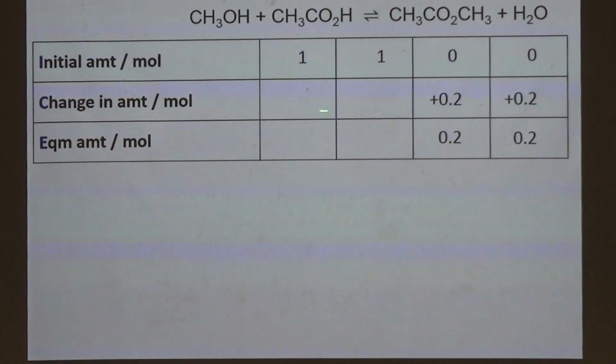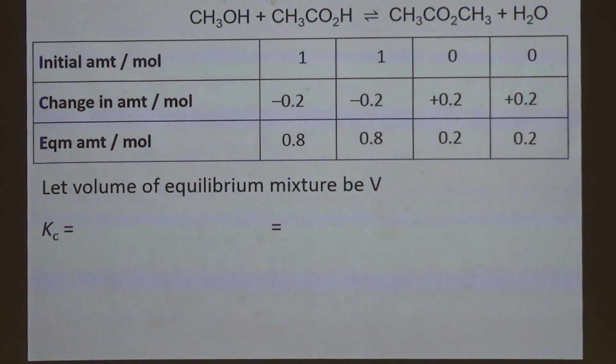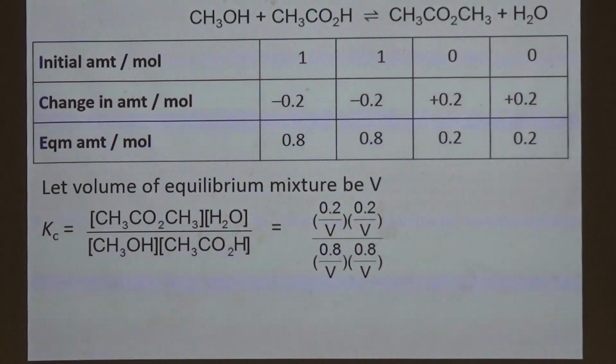The change of the reactants must be minus 0.2 to give you 0.8 and minus 0.2 to give you 0.8. So when I let the volume of the equilibrium mixture be V, because I need the total volume, I sub everything in: 0.2 over V times 0.2 over V, over 0.8 over V times 0.8 over V. All the volume terms will cancel out. So I get 0.0625.